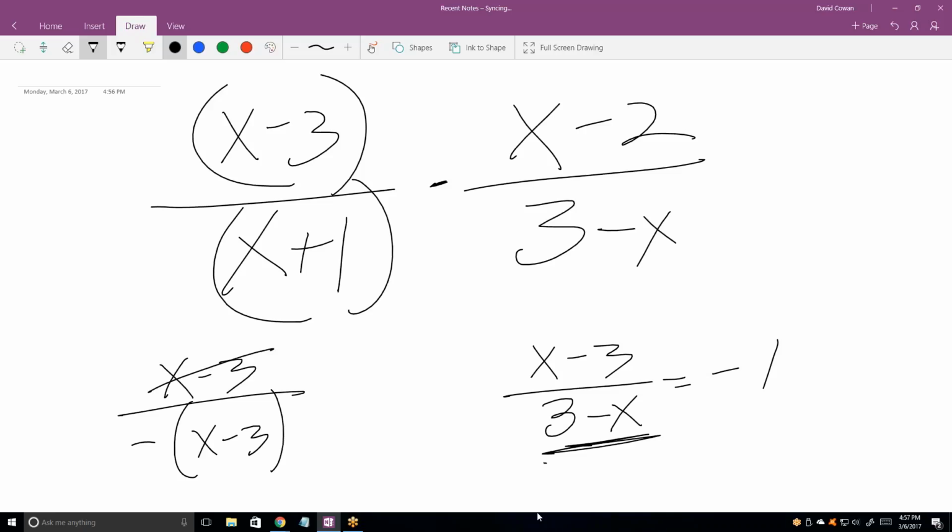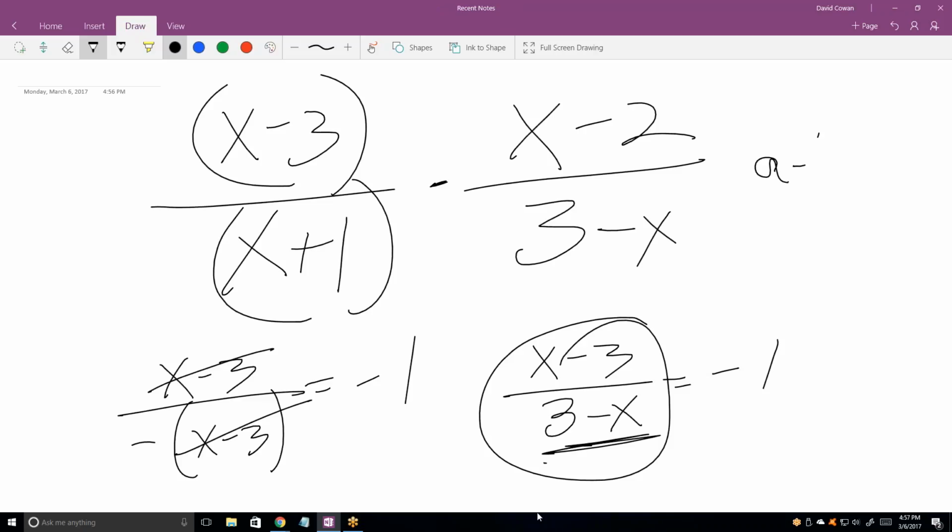And that clearly is minus 1, right? That's why this is minus 1. So whenever you see an a minus b over b minus a, that's minus 1. And that's the only thing that I can think of where you can cancel without them being identical.